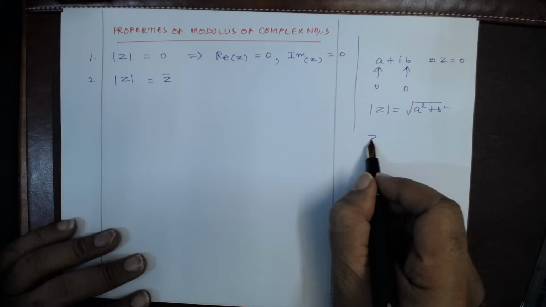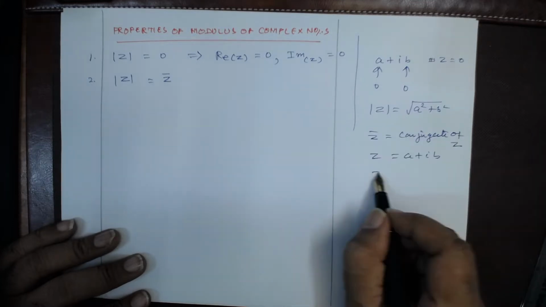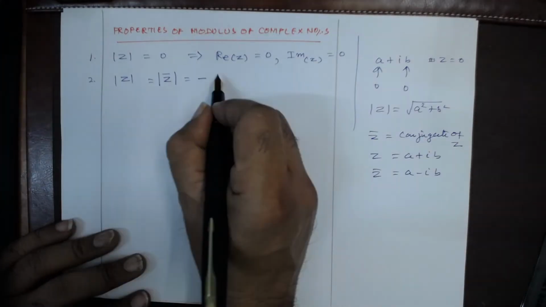The conjugate of z, that is nothing but z bar is equal to a minus i b. Do you understand? Okay. So modulus of z is equal to modulus of minus z. So this is another important property.